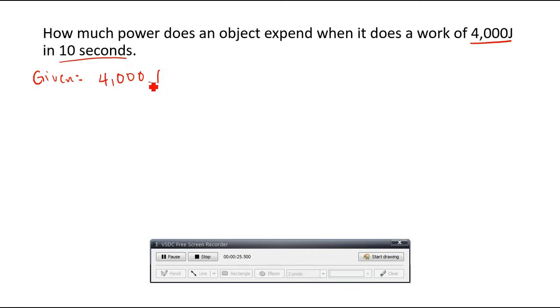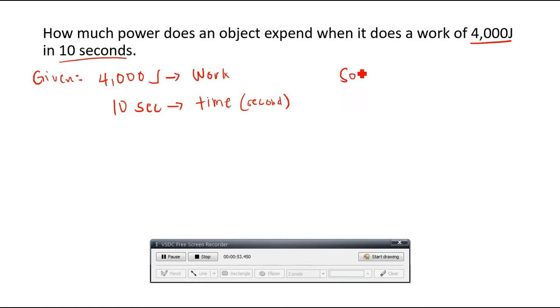So 4,000 joules is work and 10 seconds is time. Always take note that time must always be expressed in seconds. If the time is expressed in minutes or hours, then you have to convert that to seconds first.